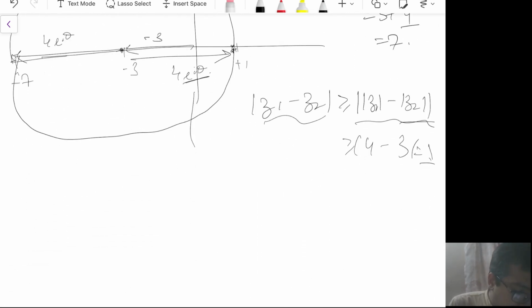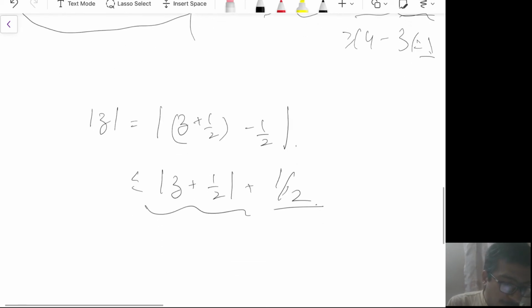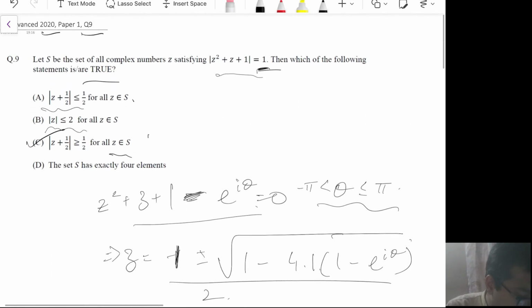For that I can say that mod of z equals mod of z plus half minus half, which is less than equal to mod of z plus half plus half. And mod z plus half I just found is less than equal to root 7 by 2. So overall this is less than equal to root 7 by 2 plus half. And we know that root 7 is less than equal to root 9, which is 3. So this is less than equal to 3 by 2 plus half, which is 2. So mod z is less than equal to 2. So hence this is also true.